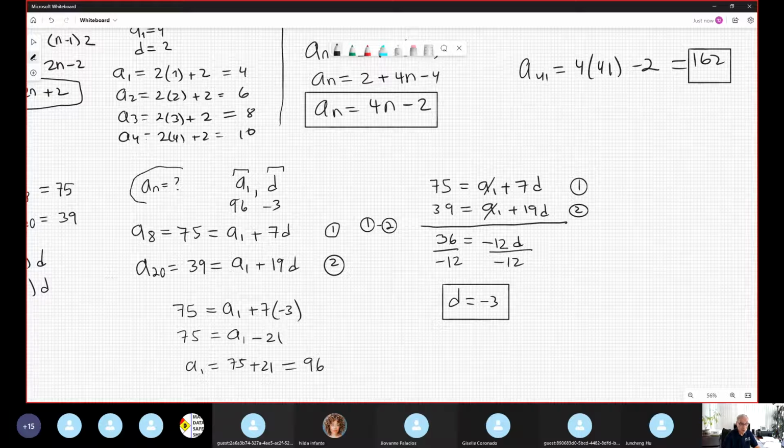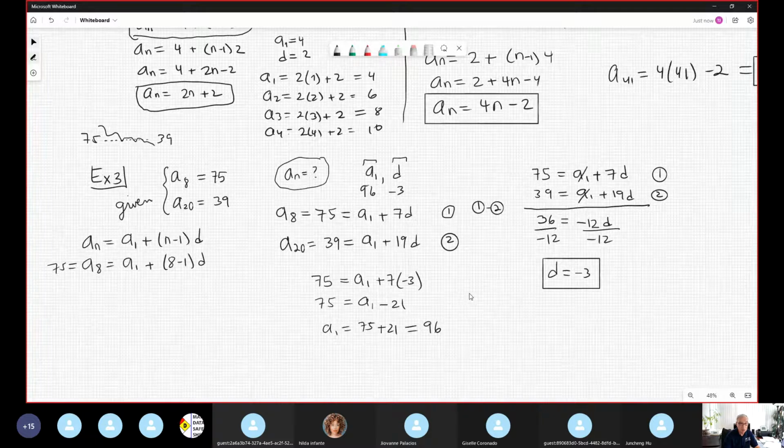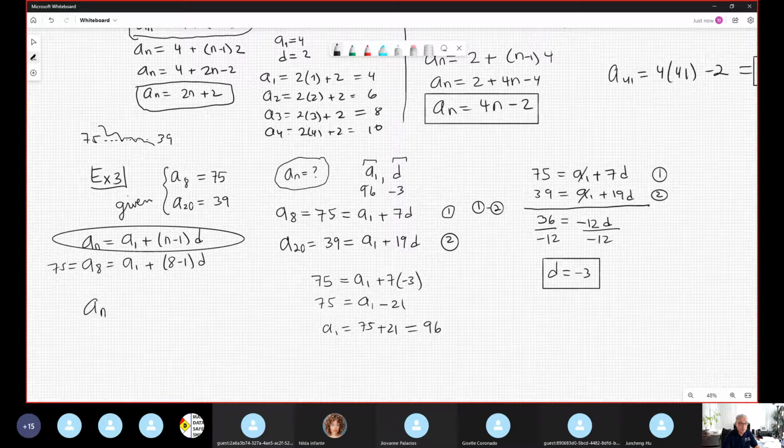But what is my explicit formula? Well, my explicit formula is just plugging in. A sub n for any position is equal to 96 plus n minus 1 multiplied by negative 3.